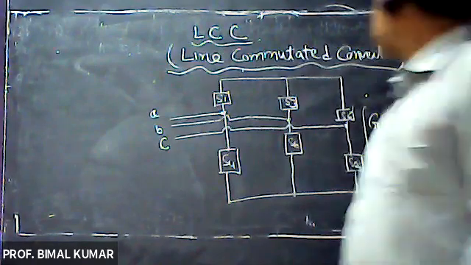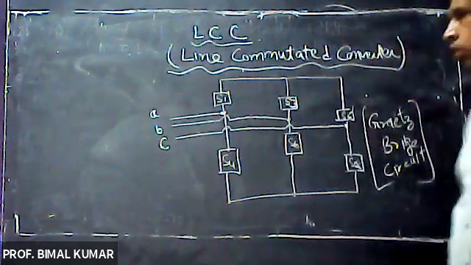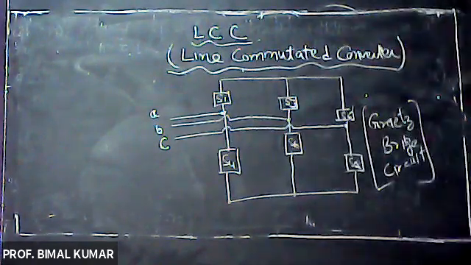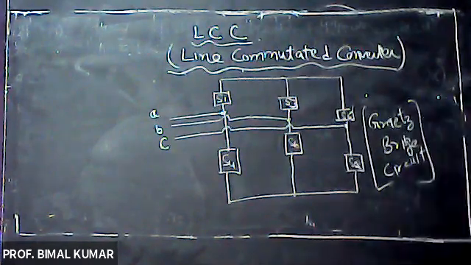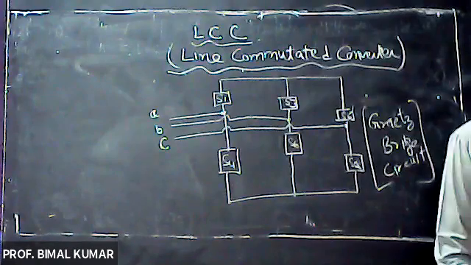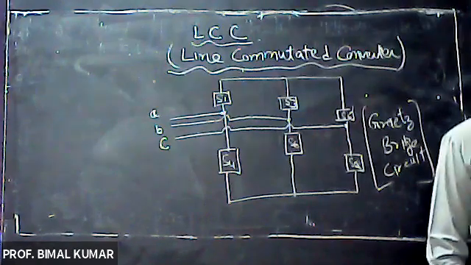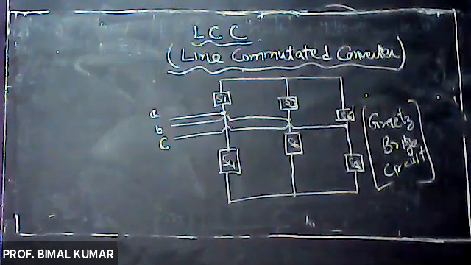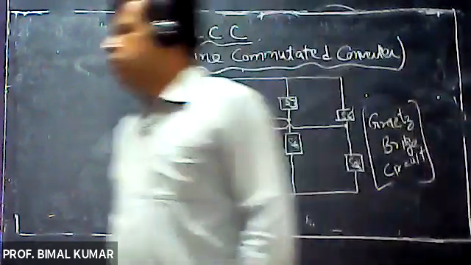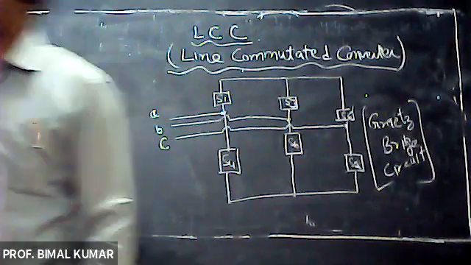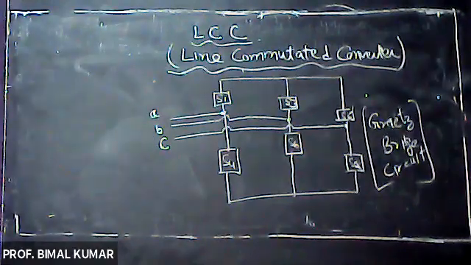There are two types of converter. One is LCC, the line commutated converter, and the second is VSC, the voltage source converter.